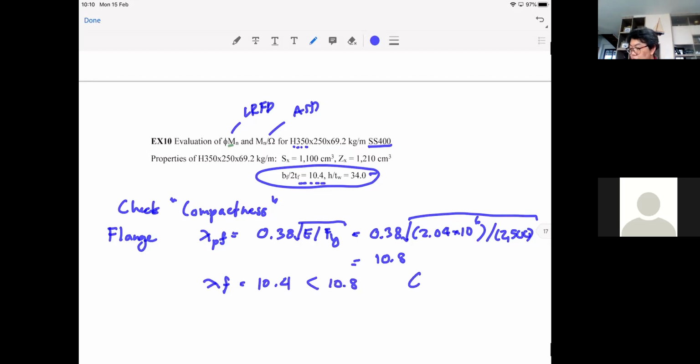So you can say you have a compact section. Okay.